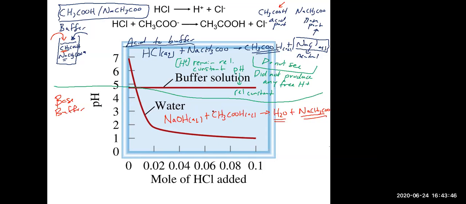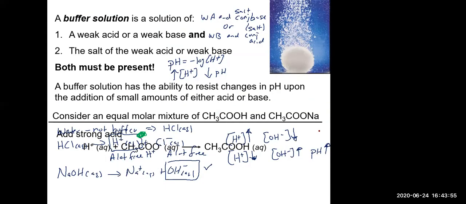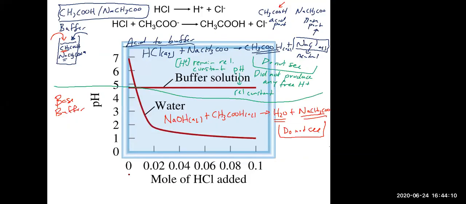But something that we saw above is something that we don't see here. When we reacted the sodium hydroxide in water, we produced a lot of free OH minus. Because of that, we did not see that here. So we did not produce a lot of free OH minus.